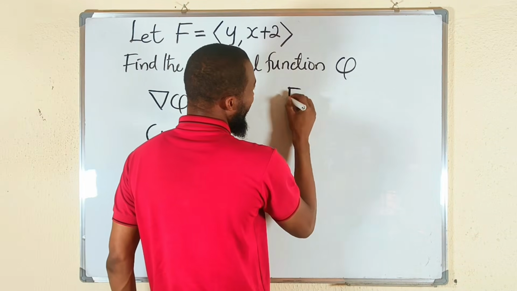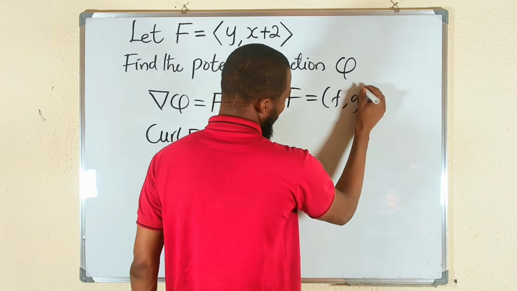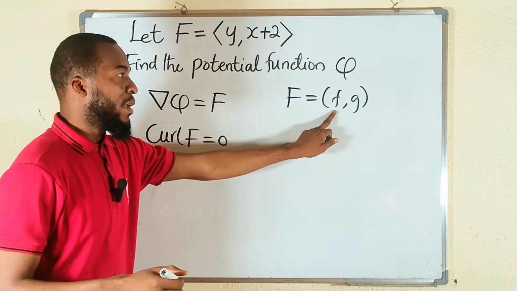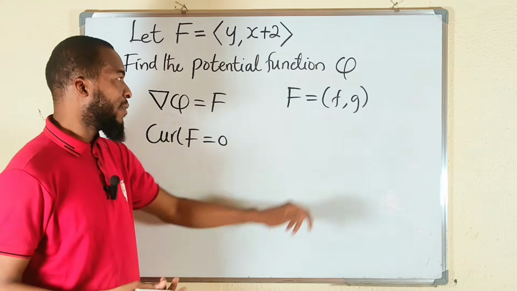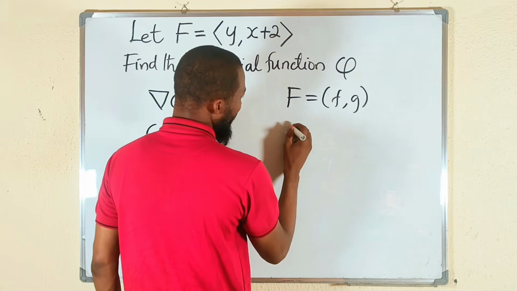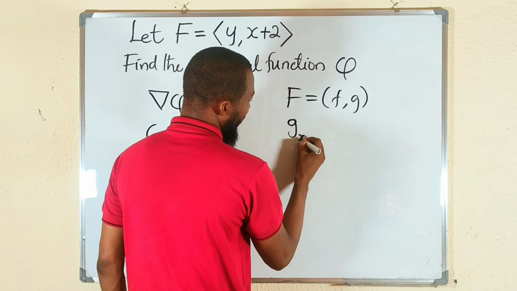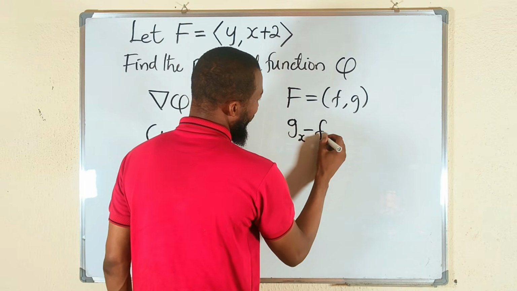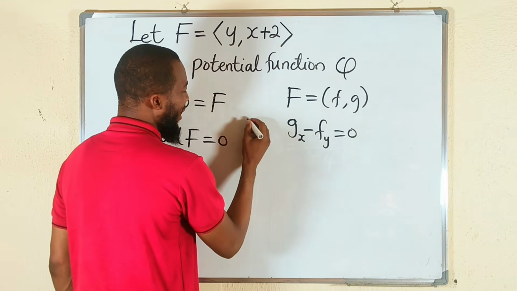If a vector field is given by the components f, g, where remember this f is obtained by differentiating phi with respect to x, then g subscript x minus f subscript y must be equal to 0, and this is what curl is saying.